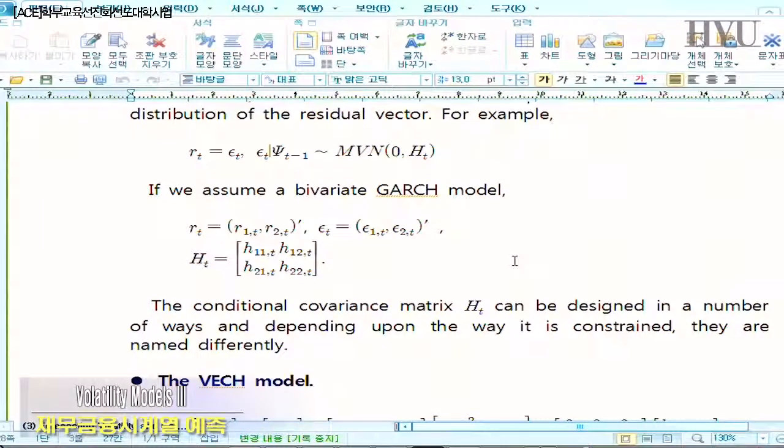Then somehow you need to impose this condition, right? So you want to make it this way, but we don't say it this way. What is the proper term for that? Positive definiteness.